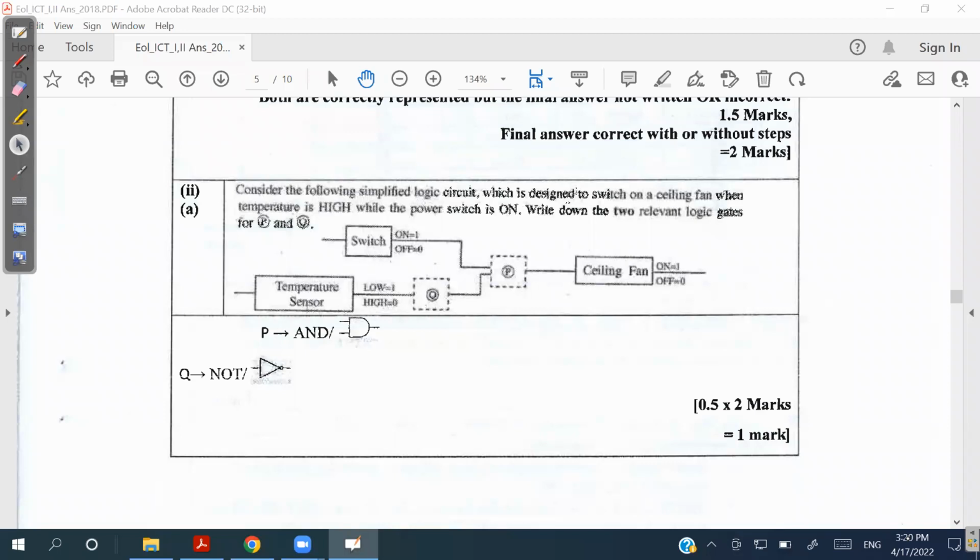Yeah, so this is the way the marking is going. For figuring out that P and Q are the AND gate and the NOT gate, 1 mark, as I told you earlier.